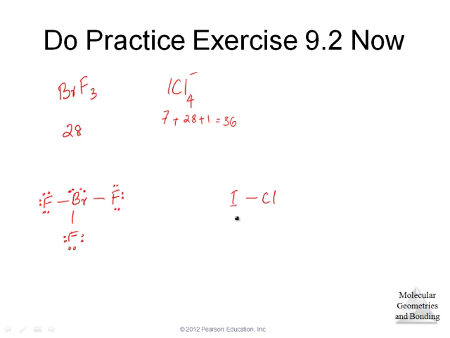And 4 Cls, and each of them needs 6 more. So how many are we showing so far? 6 times 4, 24, 26, 28, 30, 32. That means we need to put 2 on I.